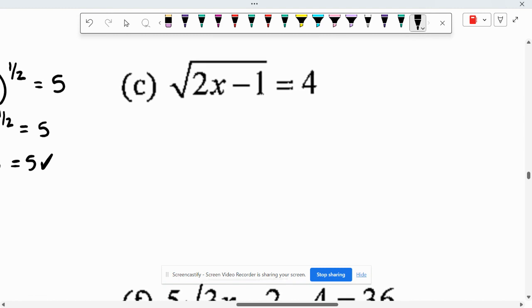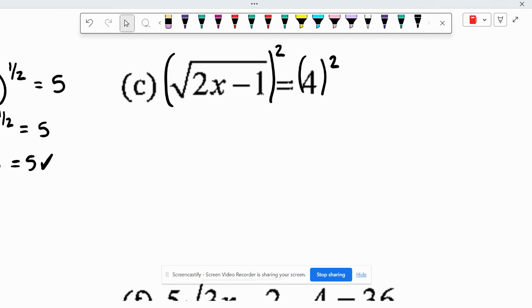C. I need to get rid of the square root symbol. How do I cancel out a square root or an exponent of 1/2? I have to square it. But whatever I do on one side, I have to do on the other. So when I square that, the radical symbol goes away and I'm left with 2x minus 1 equals, let's see, 4 squared is 16.